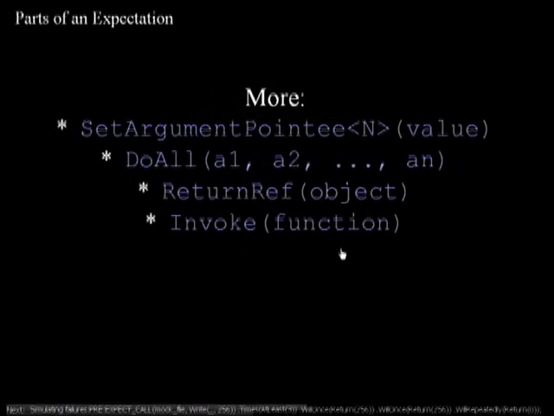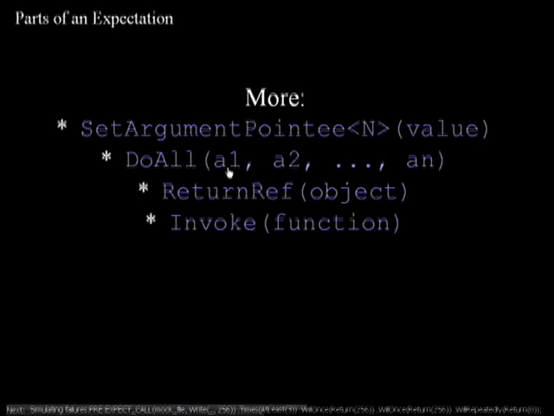Here are some more examples of what you can do in a gMock action. The first one works when the argument number n is a pointer. What it does is assign this value to the object pointed to by this argument number n. So it only works in a function where the nth argument is a pointer and the type of the pointee matches the type of value. The second one is a composite action.